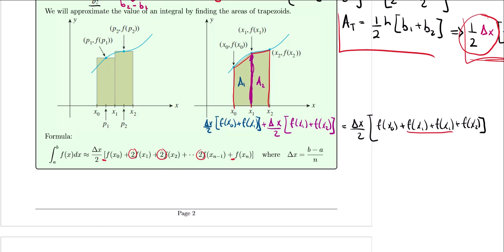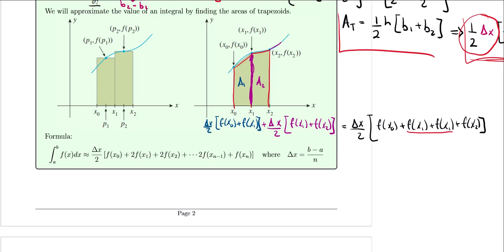All right, so on the first area, it was the right endpoint, but on the second area, it was the left endpoint. So if you were to continue on this pattern with more and more trapezoids, yes, the middle ones would actually be counted twice, and that's why you have these 2's here. But notice that on the rightmost endpoint, since that's where you were stopping, there was no other left endpoint. So there we go. This is the trapezoidal rule.